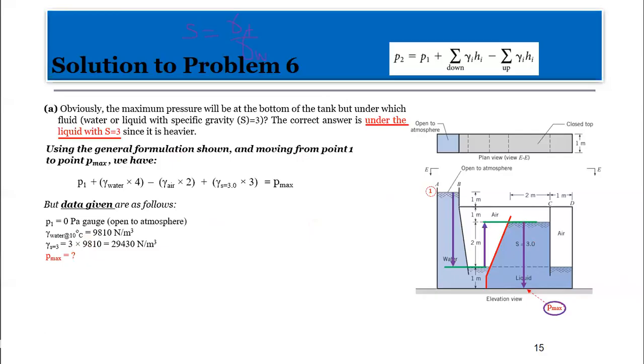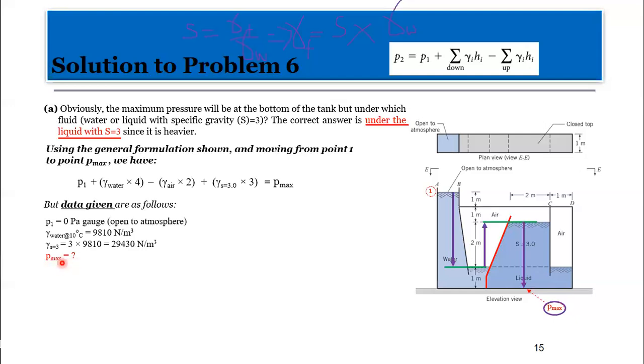So this implies that gamma of the fluid is just equal to S, which is 3, the specific gravity, multiplied by the gamma of the water. Okay, good. That's why we have it nicely written here. And that will give us 29,430 Newton per cubic meter.